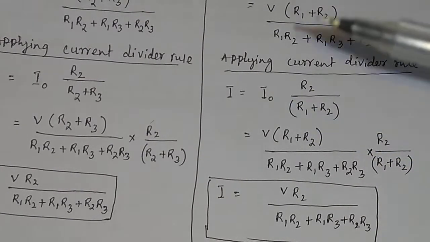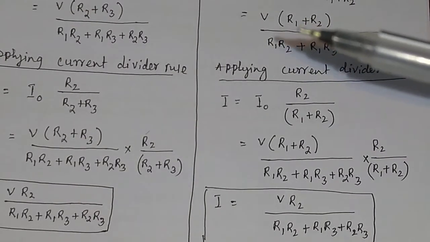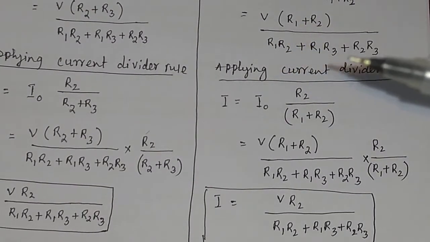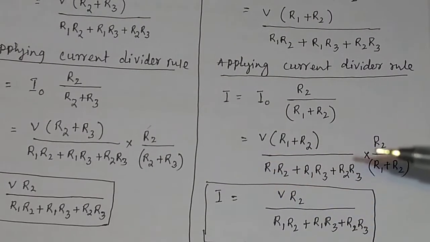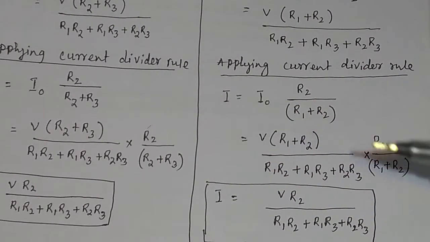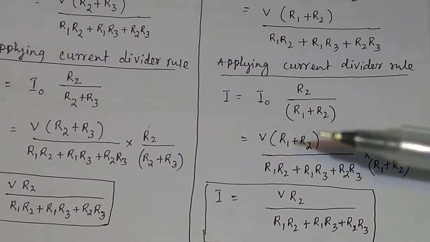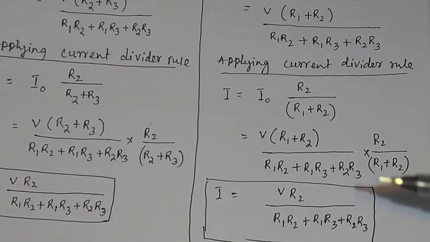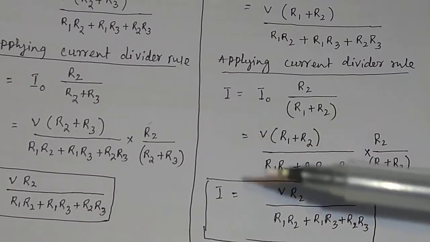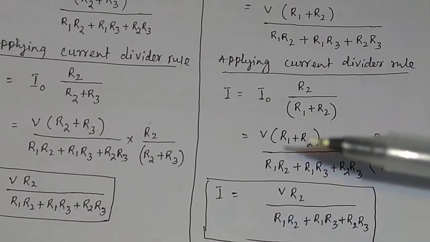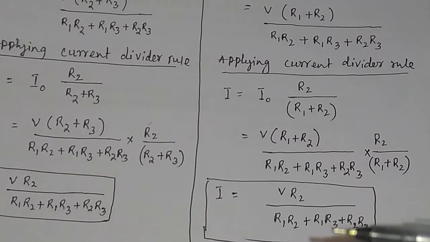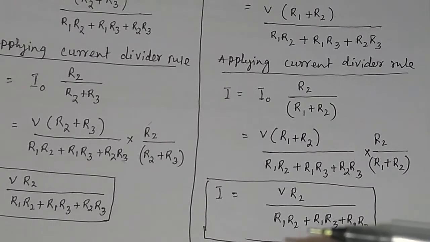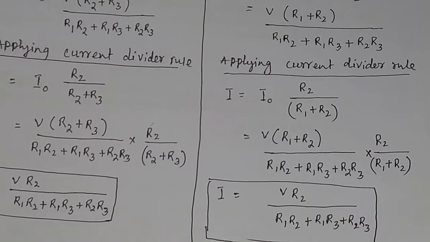So for I0 you put V into R1 plus R2 divided by this value, multiplied by R2 divided by R1 plus R2. So R1 plus R2 will cancel. So the current will be equal to V into R2 divided by R1 R2 plus R1 R3 plus R2 R3.